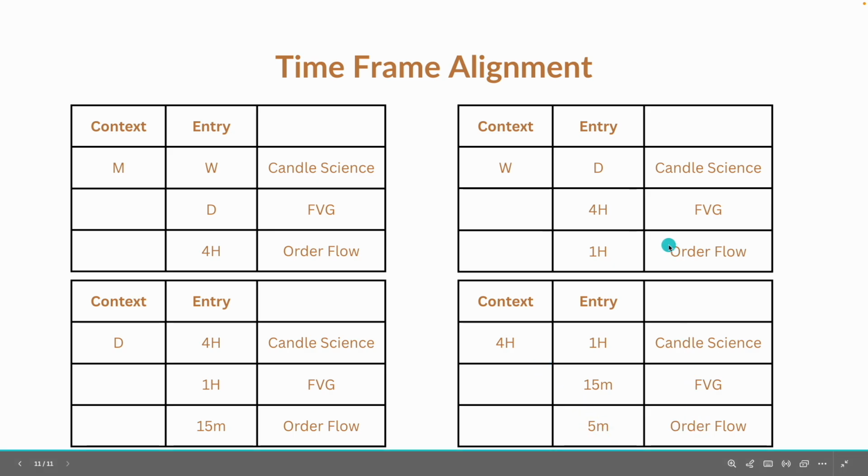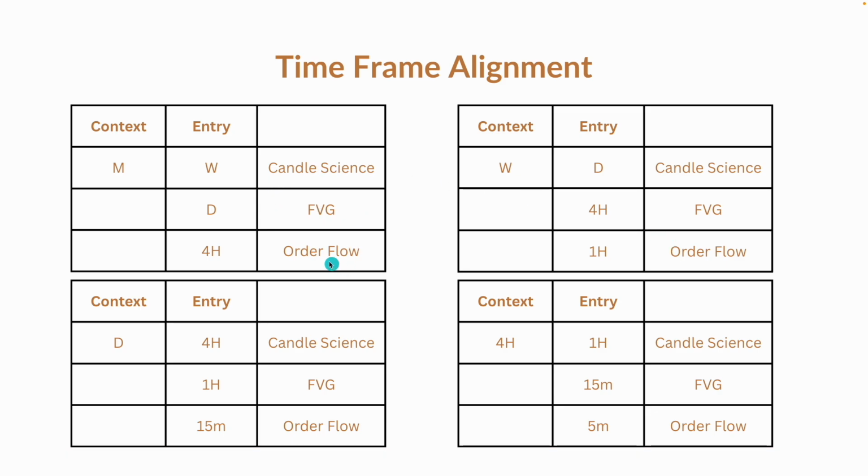Now when we say candle size, fair value gap and order flow entry, what does it mean? By candle size we mean 2 candle rejection. If you haven't seen the video on 2 candle rejection, I have shared the link in the description to understand it.